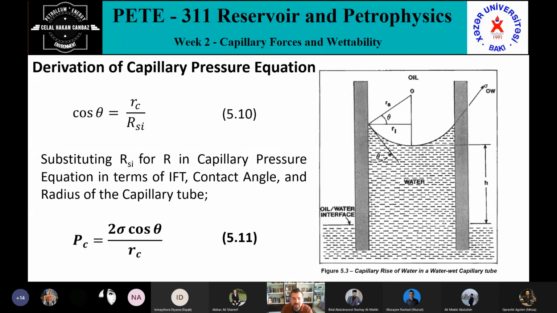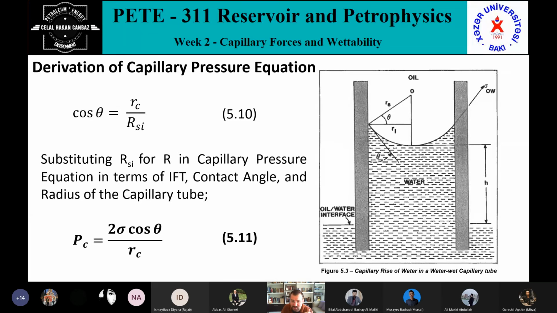Substituting RSI for R in the capillary pressure equation, in terms of interfacial tension, IFT, contact angle, and radius of the capillary tube: in some papers and books it is called IFT. My equation becomes 2 times the interfacial tension times the cosine of theta divided by RC.